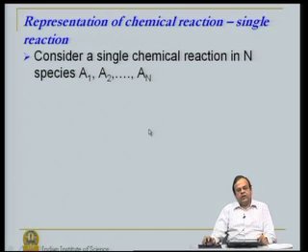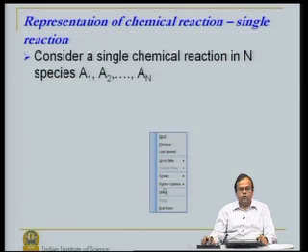So, let us say that we have n different species, and we label them as A1, A2, A3, A4 and so on up to An, and we now want to write a reaction of this.